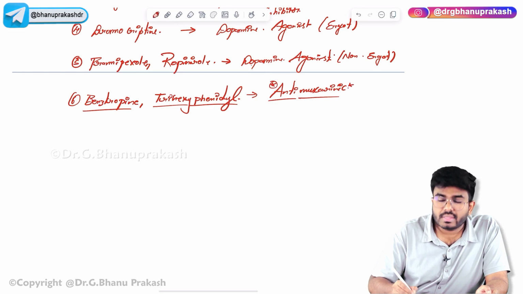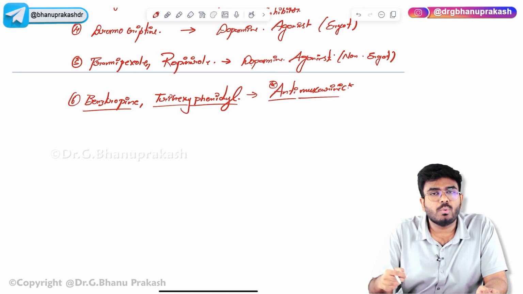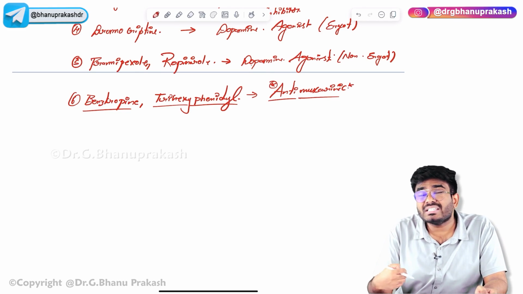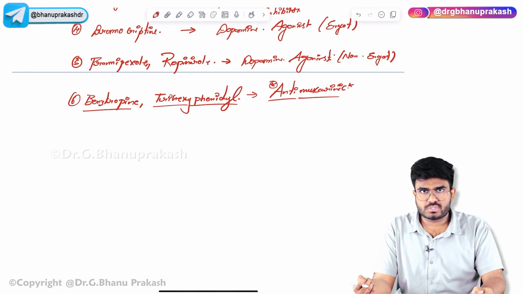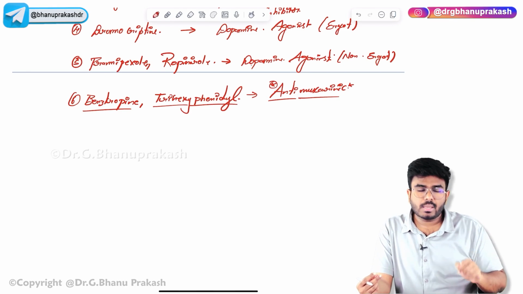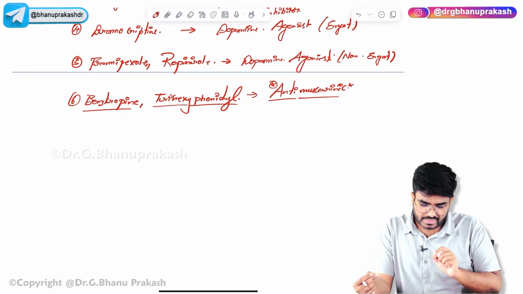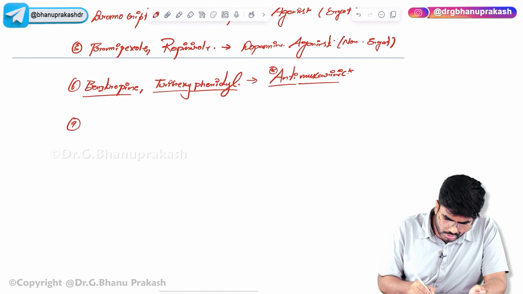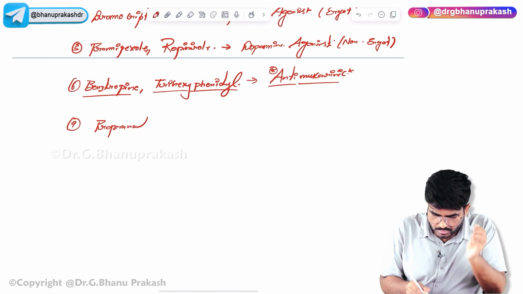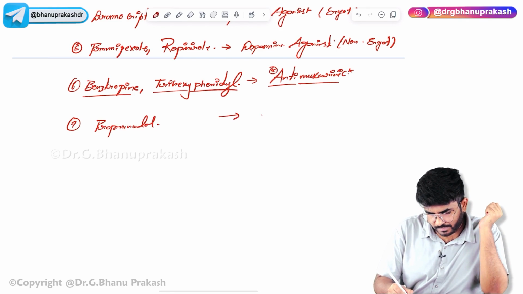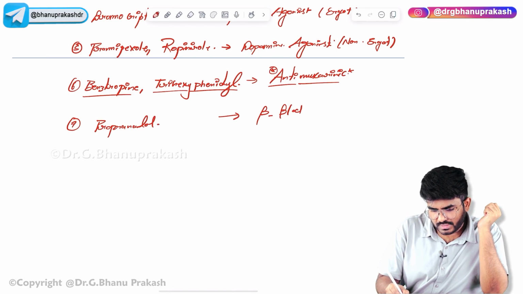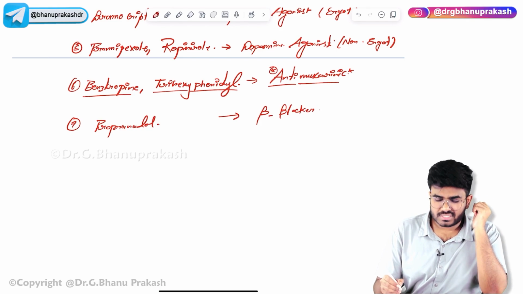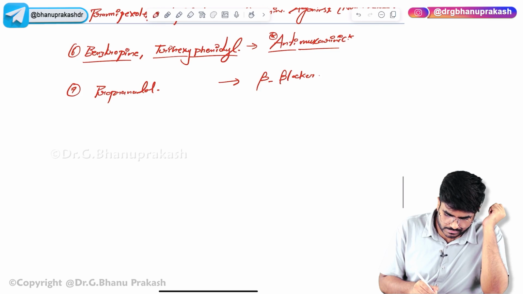Especially to treat the tremors, to control whatever tremor component is there in Parkinsonism. Which drugs are used? The anti-muscarinic drugs like benztropine and trihexyphenidyl. And you can also use propranolol, which is a beta blocker. It is also used to treat the tremor component, and amantadine.